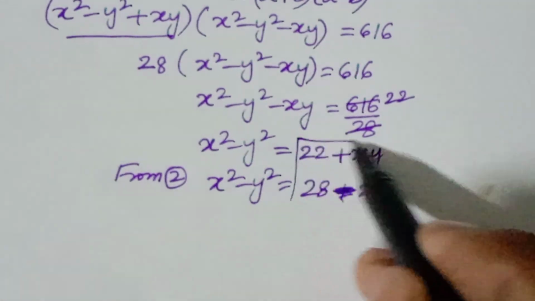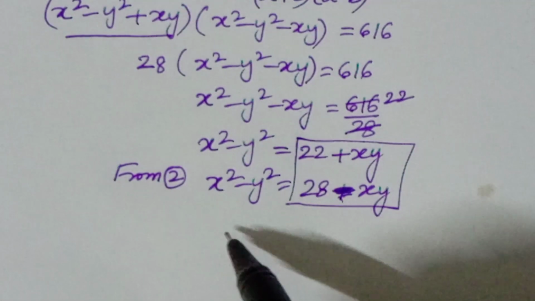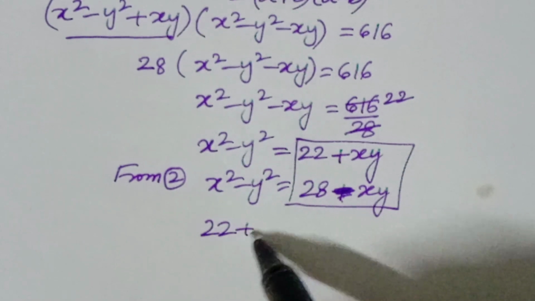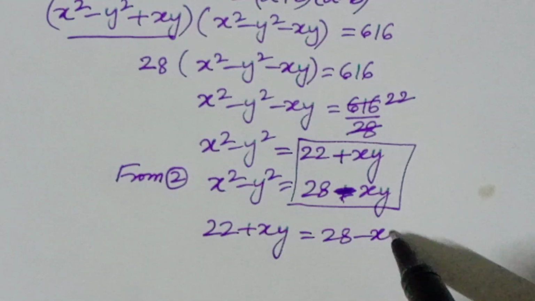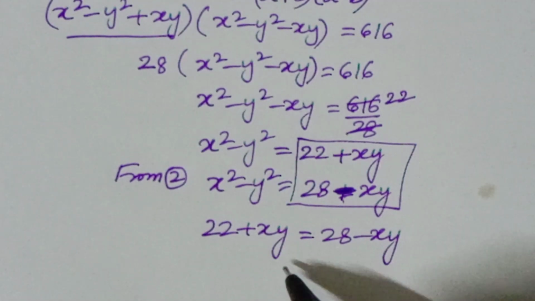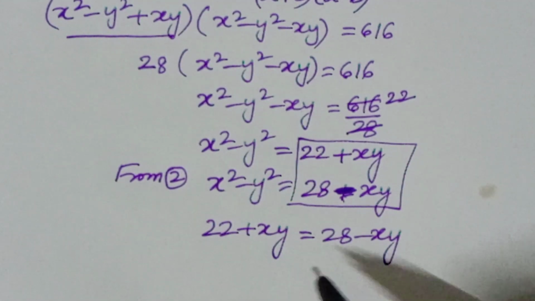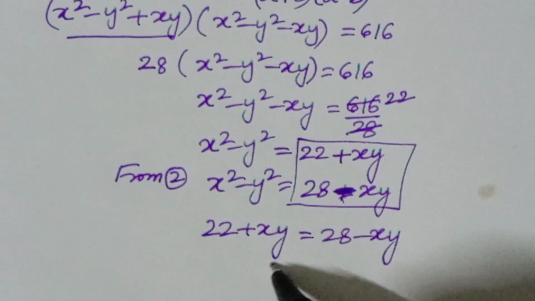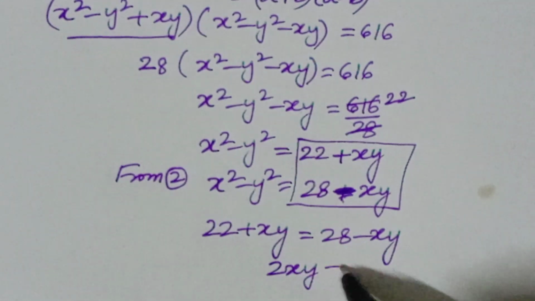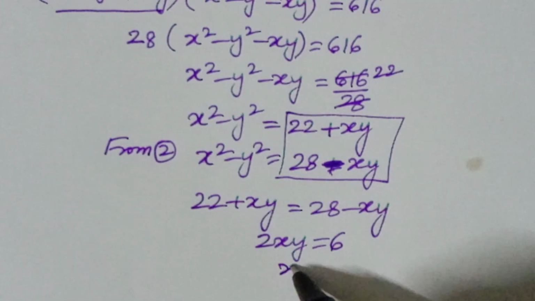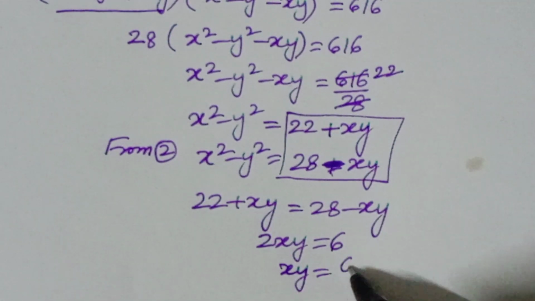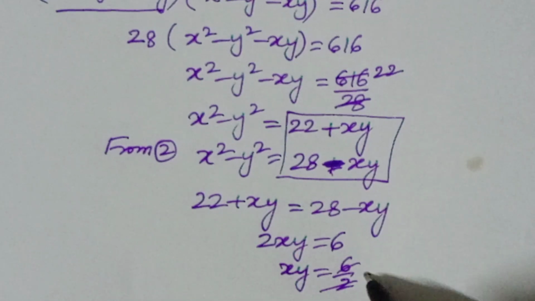Here you can make them equal. So what will we get? 22 plus xy is equal to 28 minus xy. So here you will get 2xy is equal to 6. So the xy value is 6 by 2, you will get 3.